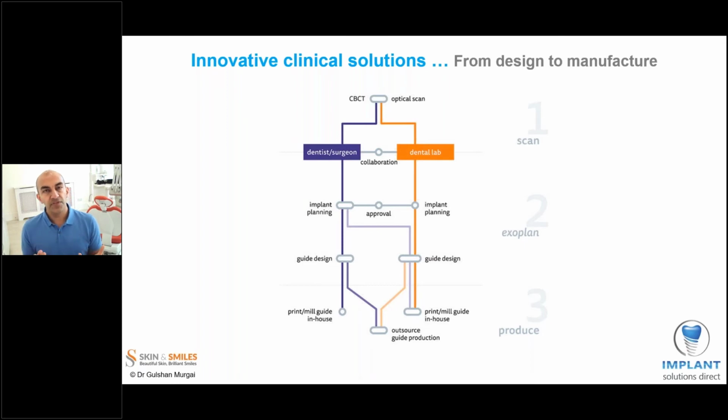And then it's about production, whether that's a milled structure, whether it's a printed structure, whether it's outsourced or whether it's done in-house. So that pathway guide there really gives you so many different ways of going left and right through the process so that you get something that works for both your level of knowledge and also how much time and effort and money you want to put into this at the start.